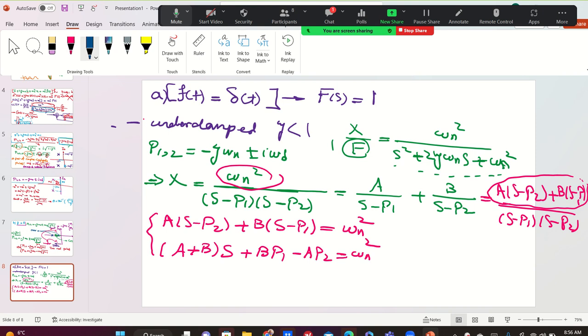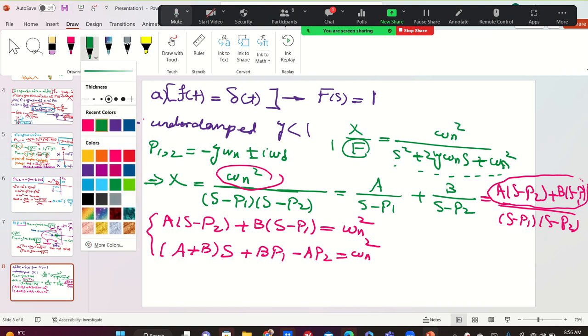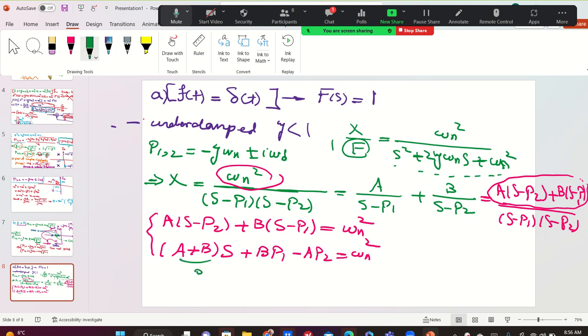We have done this for the first order systems. This is 0 because there is no s on this side. This is equal to how much? Omega n square. From here you get A is equal to minus B. If you put this here, you get B P1 plus B P2 is equal to omega n square.